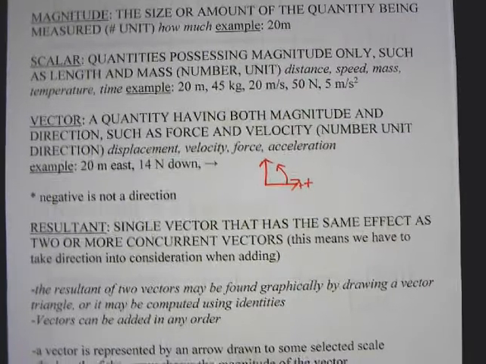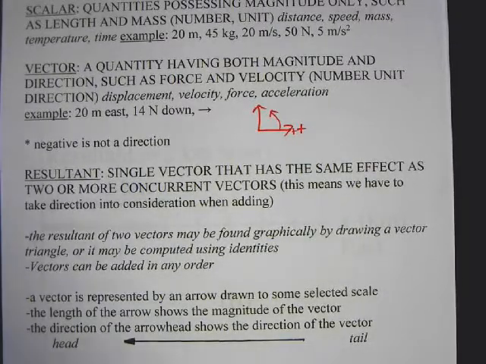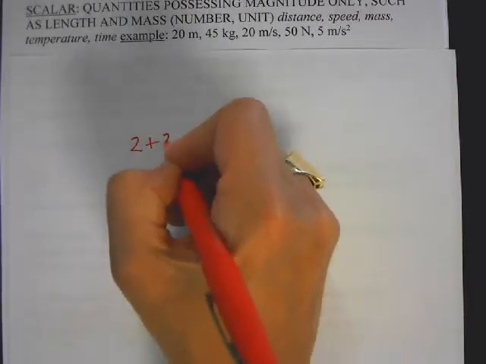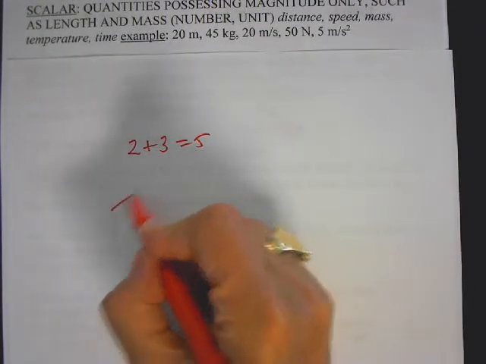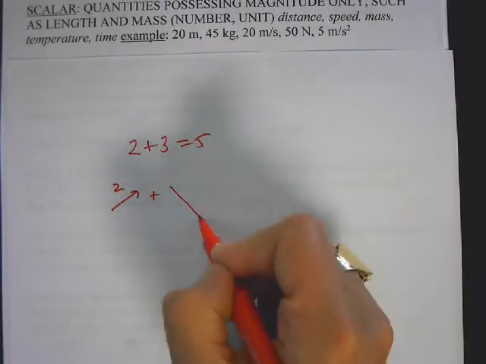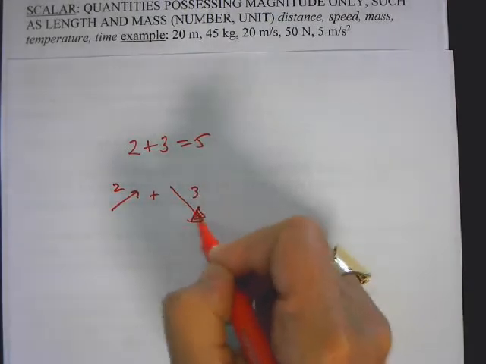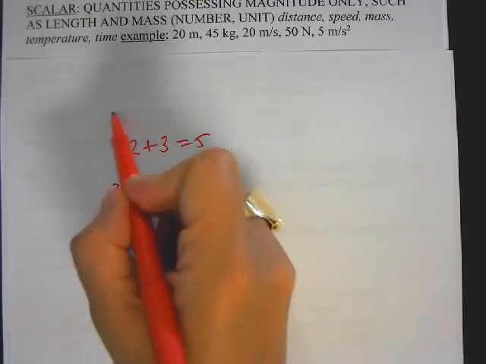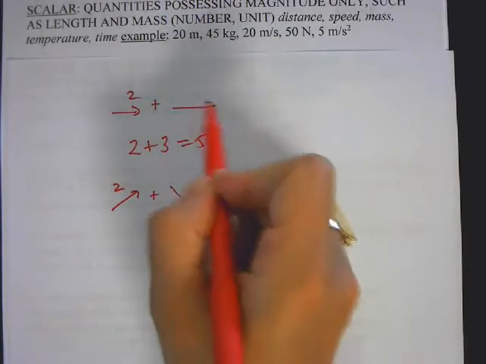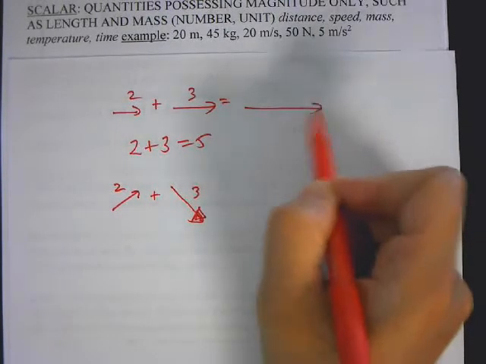Now, in math class, if I was going to add two numbers, if things are scalar and don't have a direction, 2 plus 3 is 5, okay? But what if I had 2 and I want to add it to 3, is my answer 5? No. Only if these are going in the same direction would 2 plus 3 equal 5.